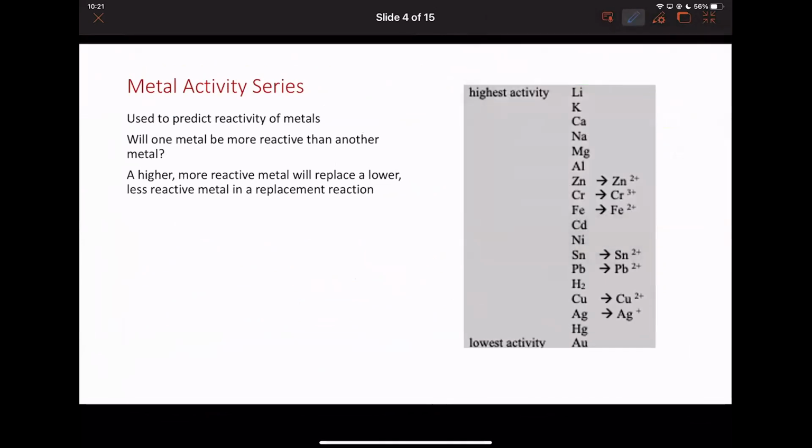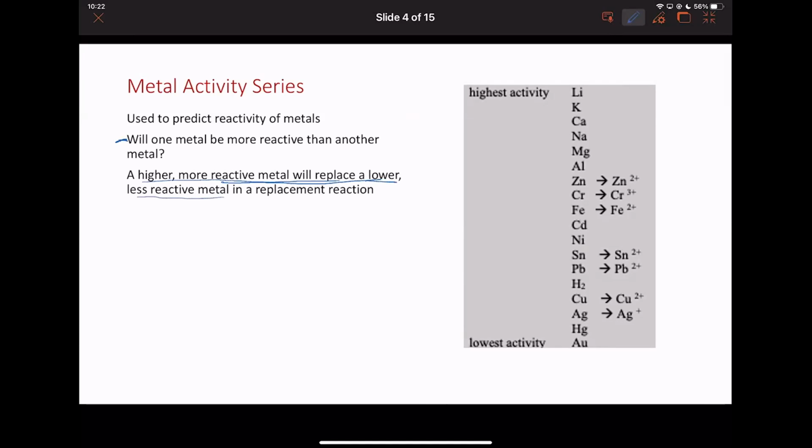So let's take a look at the metal activity series. For the metal activity series, you just need to know how to use this to predict single replacement reactions. Is there going to be a replacement? That is, will one metal replace another metal? And that will happen if one metal is higher. The higher metal is more reactive and it will replace a lower, less reactive metal.